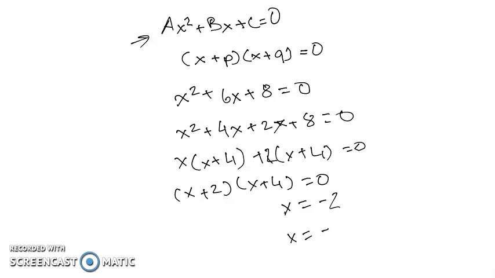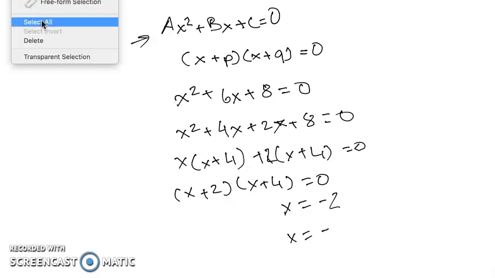I will show you another example. If x squared plus 11x plus 18 equals 0, we have to look for two factors that multiply to 18 and add to 11.